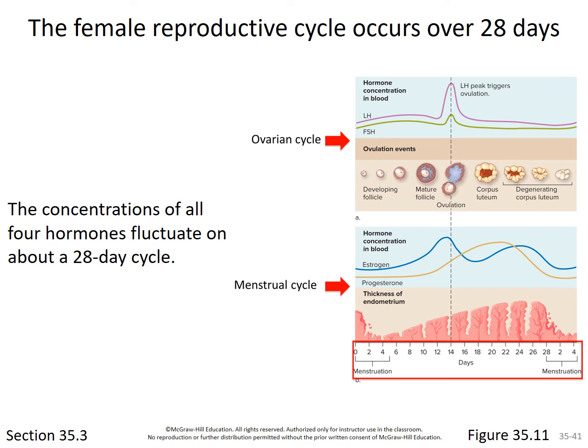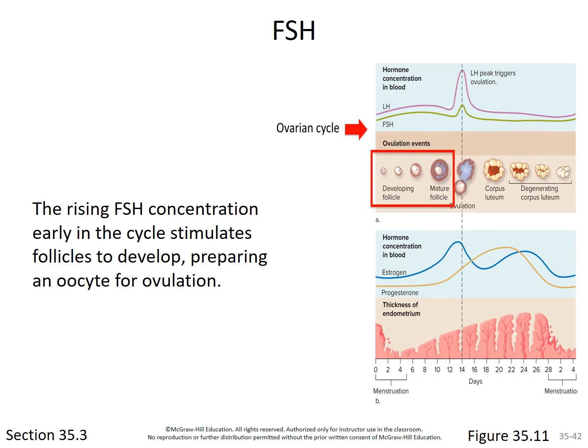And so generally the first portion before ovulation, that's fairly constant for most women. That's 14 days. But the second portion after ovulation, where you have the corpus luteum, the degenerated corpus luteum, that can differ from woman to woman. And this is the reason why different women will have different lengths to their menstrual cycle. But on average, it's about a 28-day cycle.